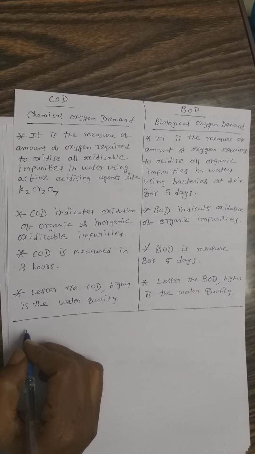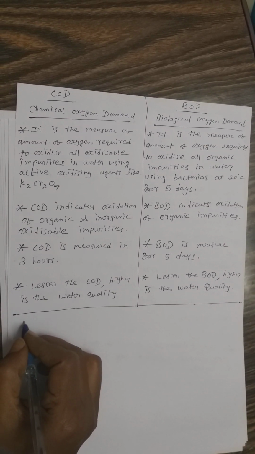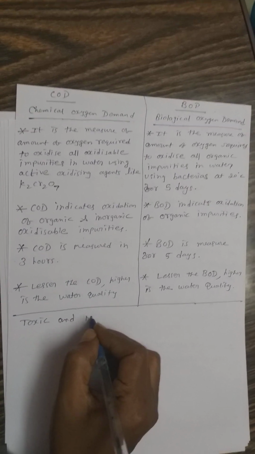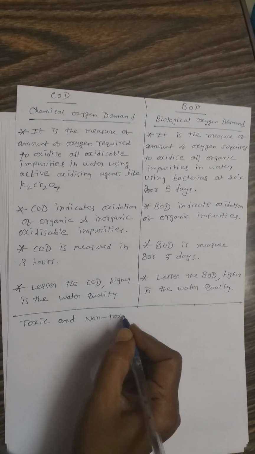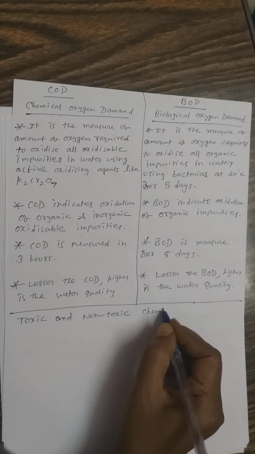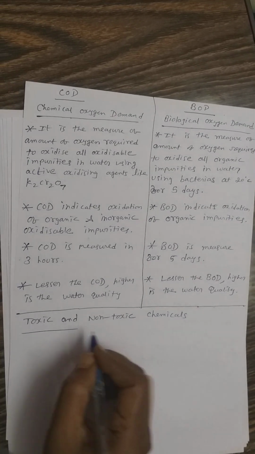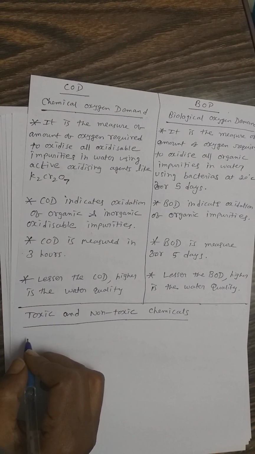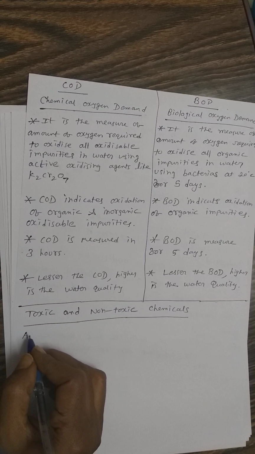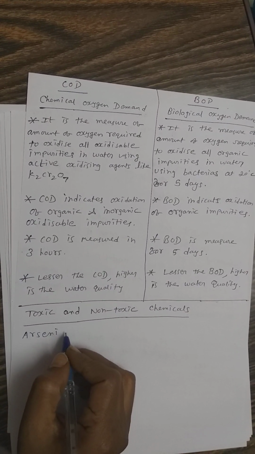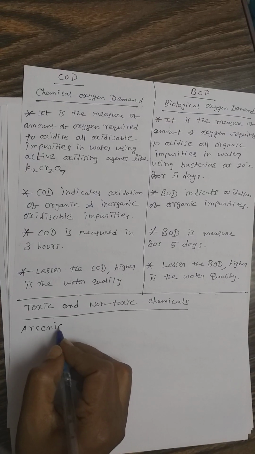The other parameter measured is presence of toxic and non-toxic chemicals. One factor which is measured in water is arsenic.